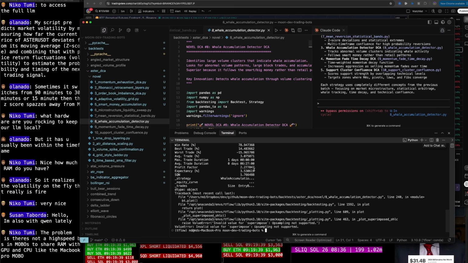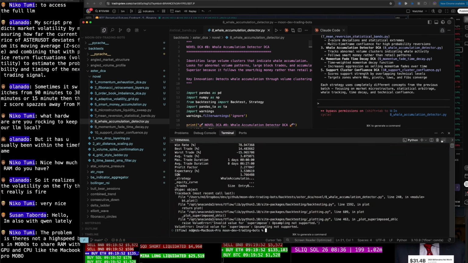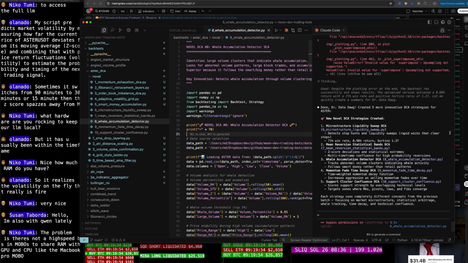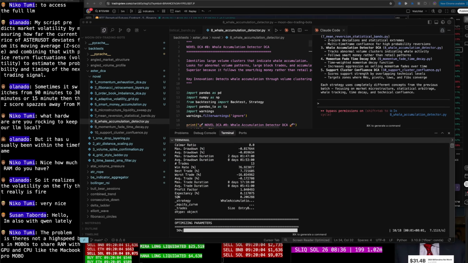There's not a speed bus in Mobos to share RAM with the GPU and CPU like the MacBook Mobo. Okay, that's a little over my head. I don't know what a Mobo is. Do I need to know?